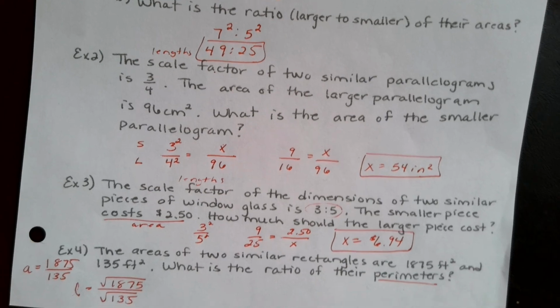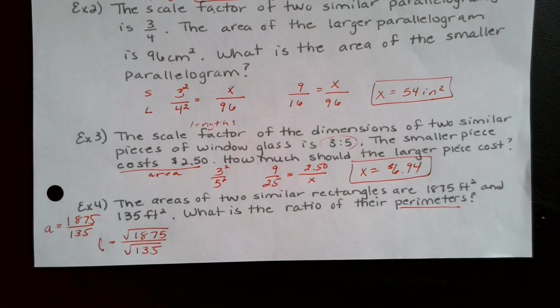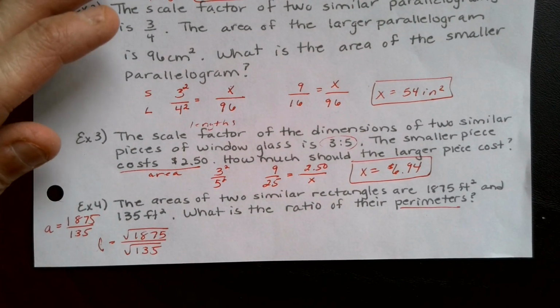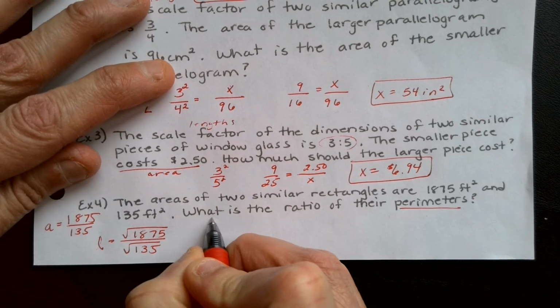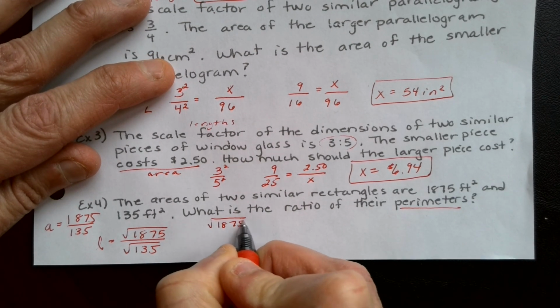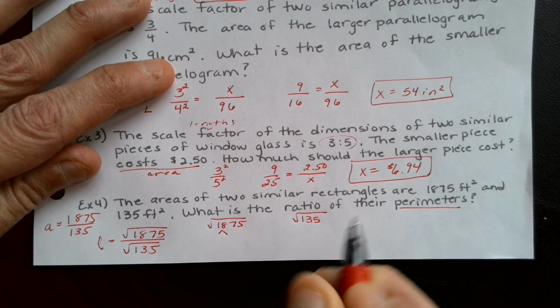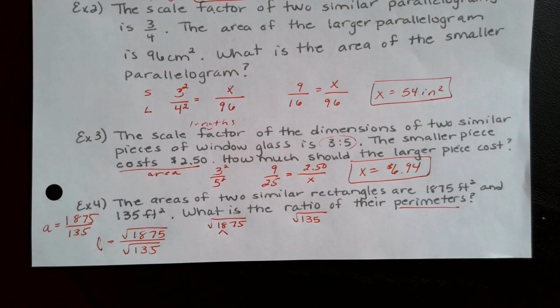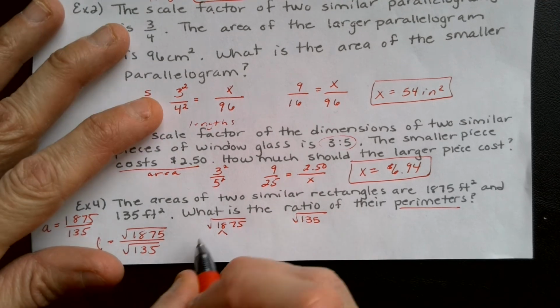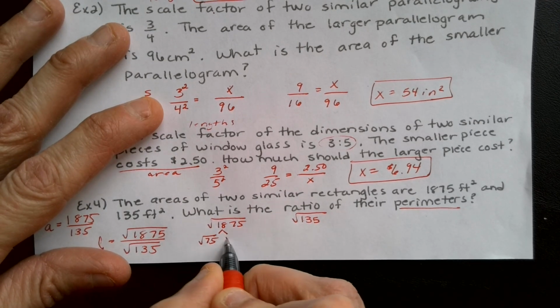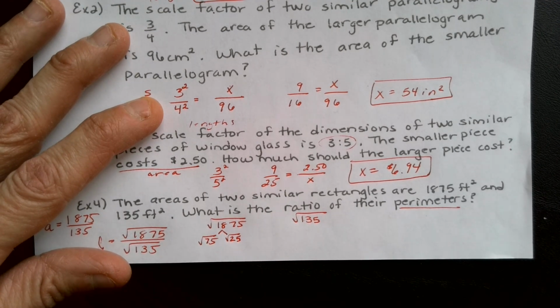Oops, sorry, I'm off the screen here. So let's break each of these down and see what we come up with. We'll break that down, and we're going to break that one down. So 1875, I kind of worked this out a little bit ahead of time. So 75 and 25 are the two.